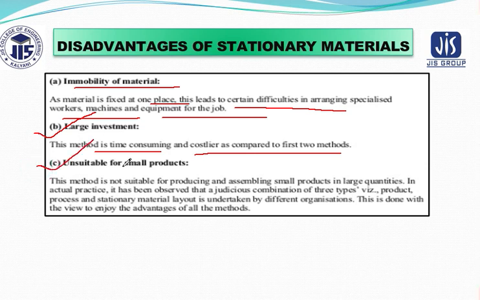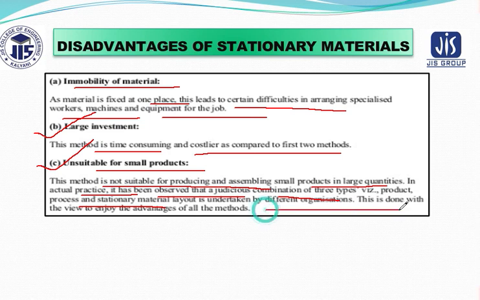Number C, unsuitable for small products, because this method is not suitable for producing and assembling small products in larger quantities. So in actual practice, it has been observed that a judicious combination of three types, that is product, process and stationary material layout, is undertaken by different organizations, and this is done with a view to enjoy the advantages of all the methods.